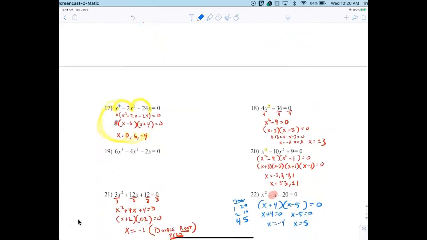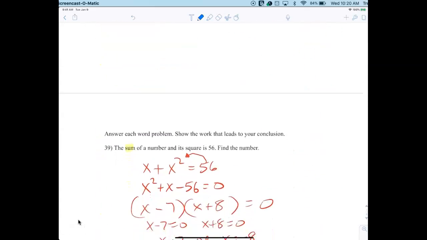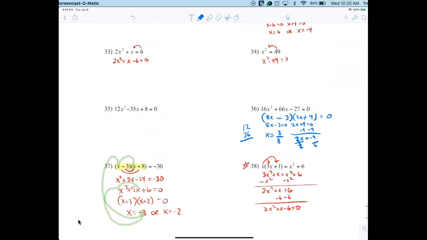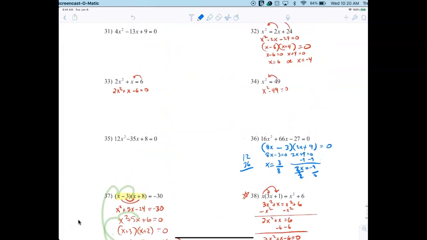Odds. Now, I'll do probably the word problems with you tomorrow. So my main focus right now is doing the factoring, saying the factors equal to 0.